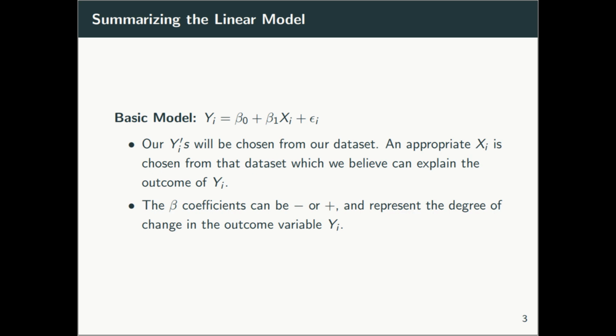This means for every 1 unit our x changes, the y will change by beta 1 units. Thus, beta 1 can be thought of as a slope, while beta 0 is our intercept value. Epsilon i is the independent random error associated with our y. It is expected to be 0.